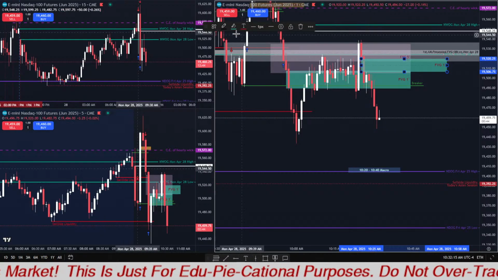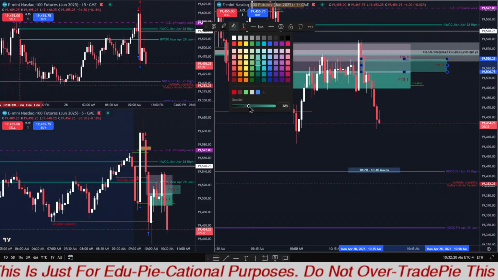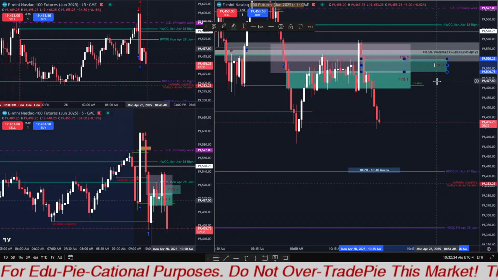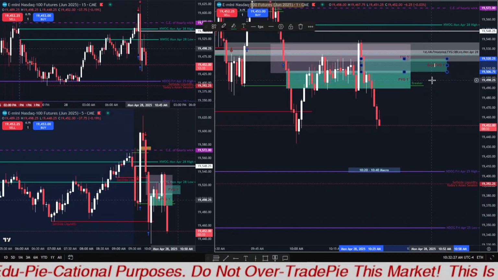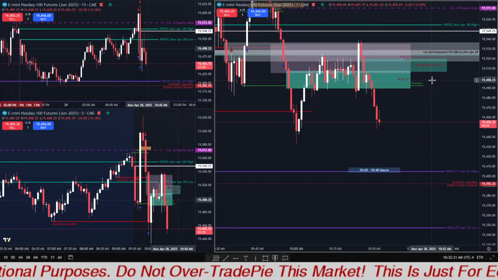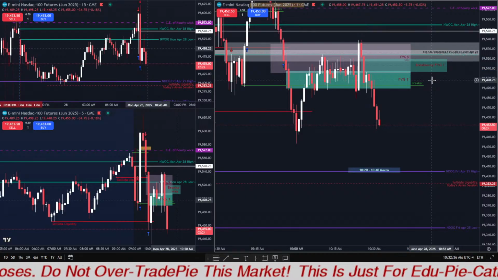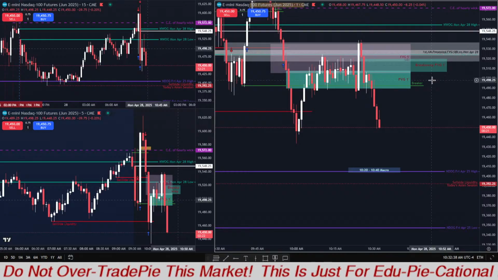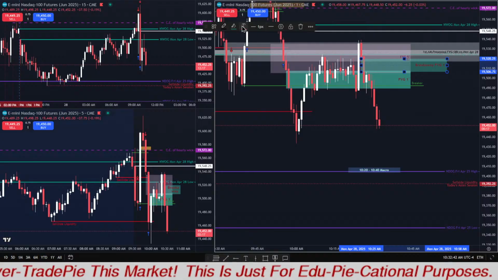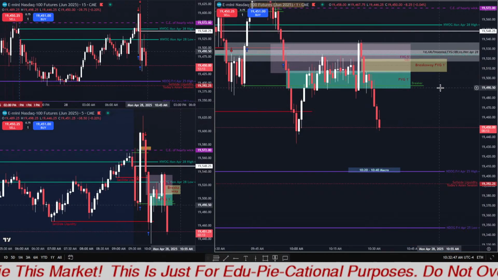Okay, apparently this became our breakaway gap. I would like to add these breakaway gaps to my studies and check how the market is creating these breakaway gaps in order to get a better understanding.